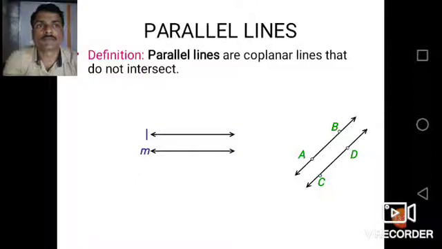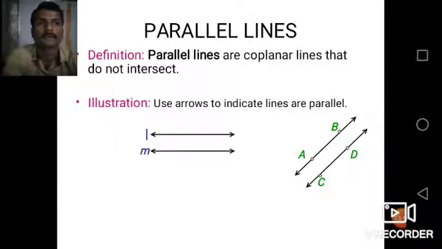The definition of parallel lines: parallel lines are coplanar lines that do not intersect each other. Here L and M are parallel lines, and also line AB and line CD are parallel lines.